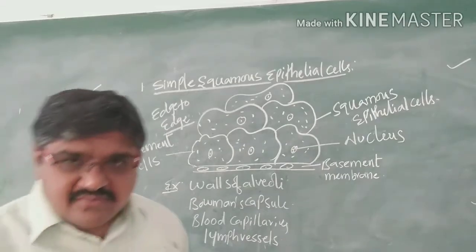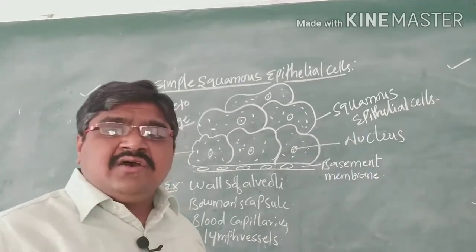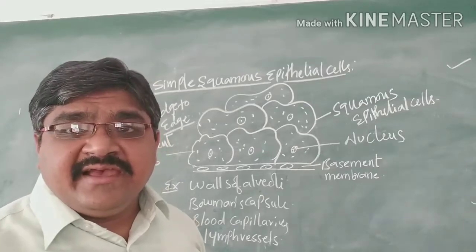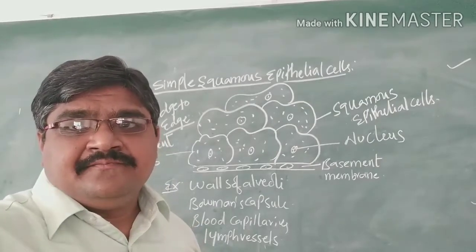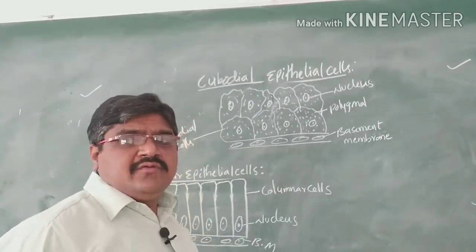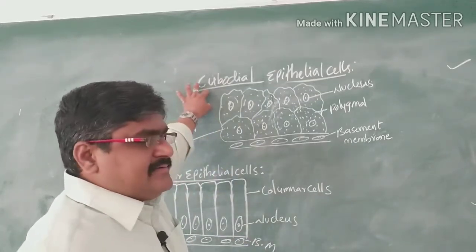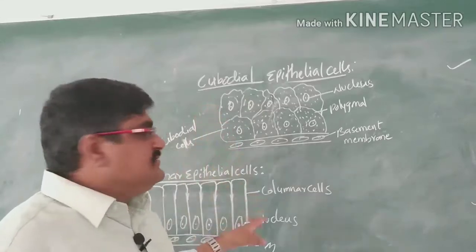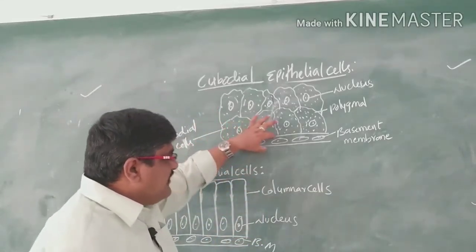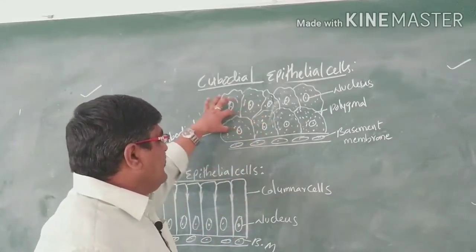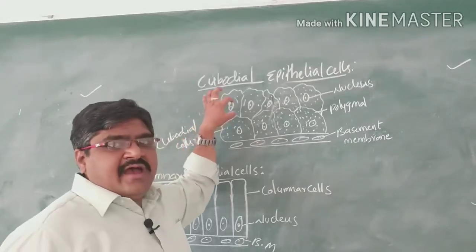Next, coming to the second one, the cuboidal epithelial cells. Here the cuboidal epithelial cells are present on the basement membrane, where the cells have the same height and width.